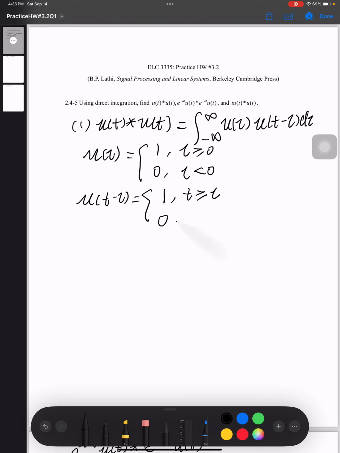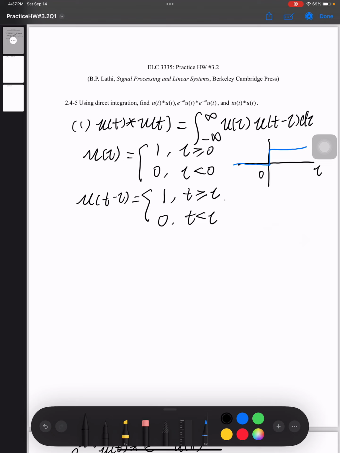Otherwise, u equals 0. Based on these two equations, for better understanding, we can just plot them. Tau, 0, and for tau larger than 0 it looks something like this.